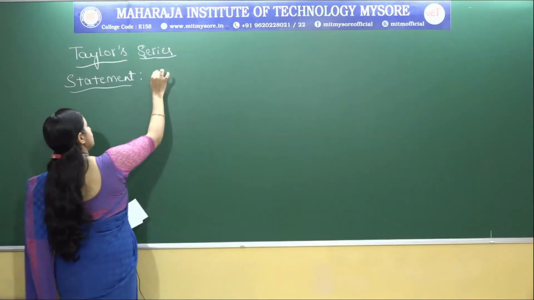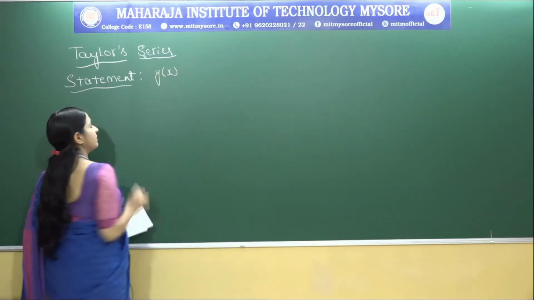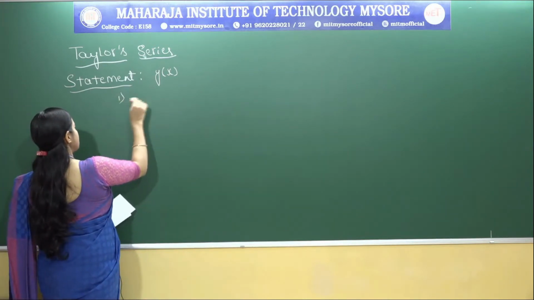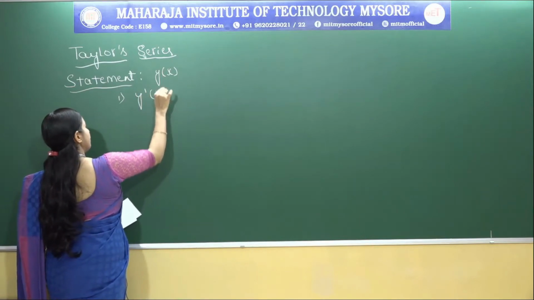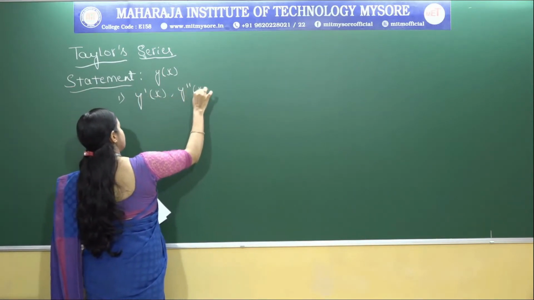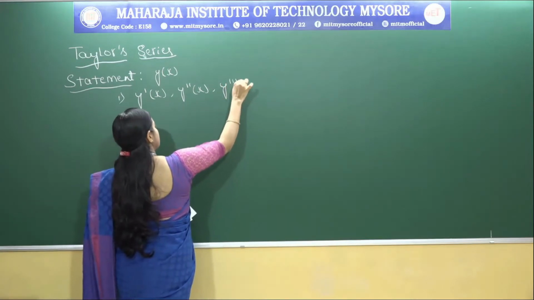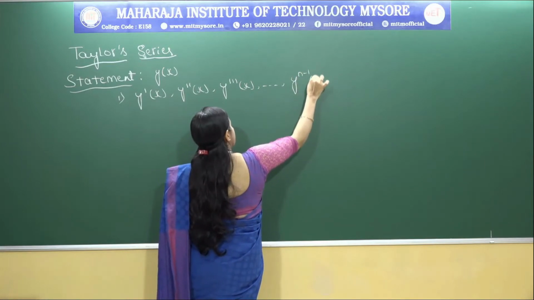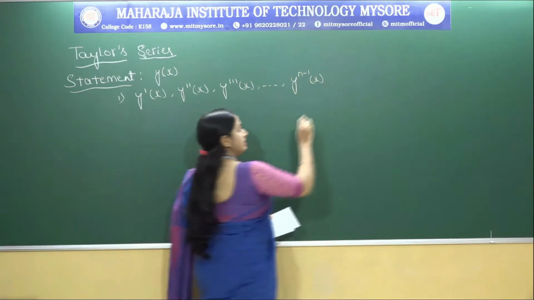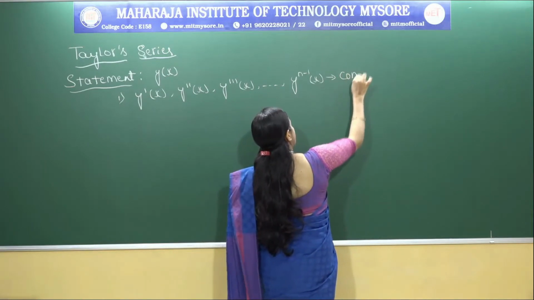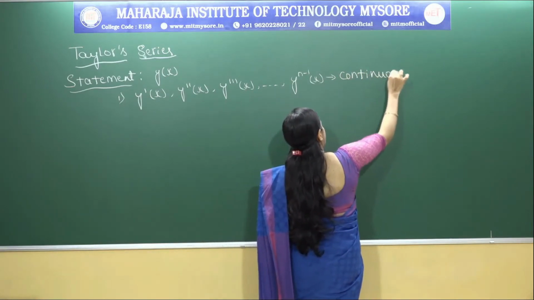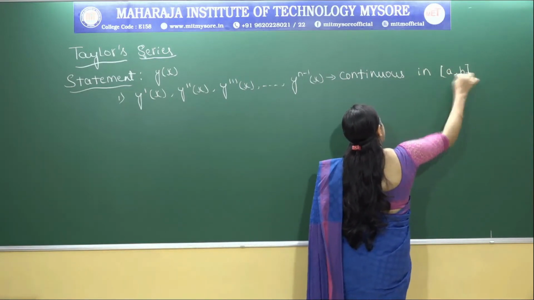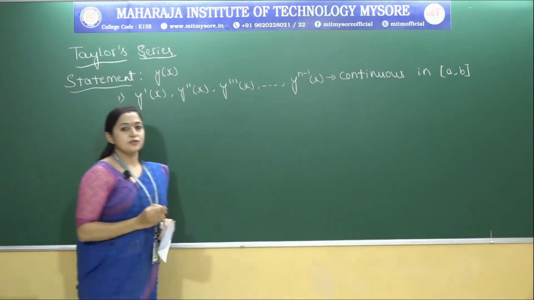Suppose consider the function y of x which satisfies the conditions. The first one, y dash of x, y double dash of x, y triple dash of x, continuing up to y n minus 1 of x, is continuous in closed interval ab. This is the first statement.